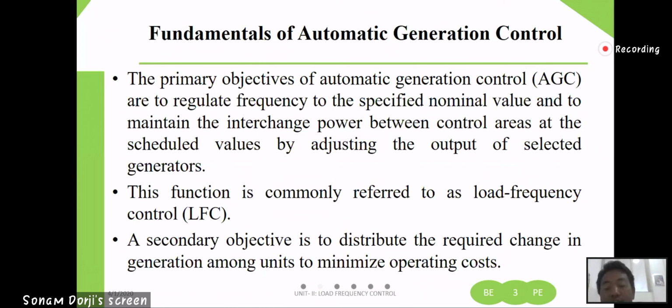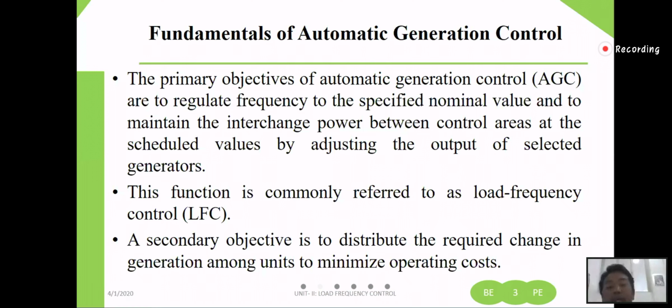But in a system you may get, for example, 49 hertz or 50.5 hertz or 51 hertz, which is not the nominal value, right? So if you employ this AGC concept, then it will bring this frequency back to the specified nominal value.